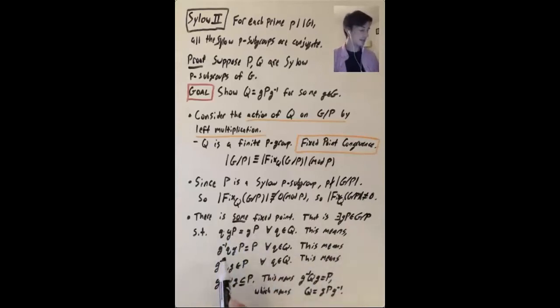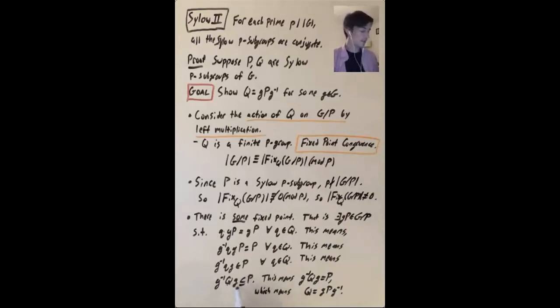That's the same as saying that g inverse q g P is P, that the left coset of P containing g inverse q g is the same as the left coset of P containing 1, for all little q in the group Q. That means g inverse q g is in P for all little q in Q, and that means g inverse Q g is contained in the subgroup P. But now, just like we saw in the previous video, these are two finite sets that have the same size.